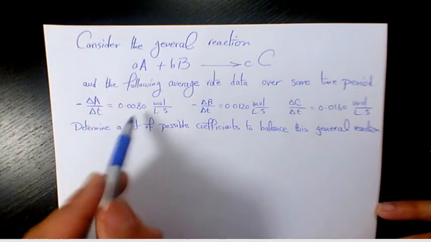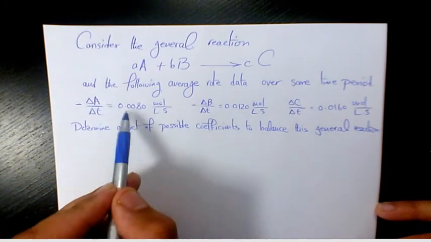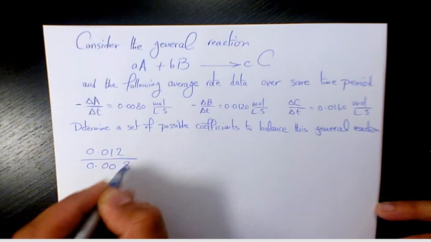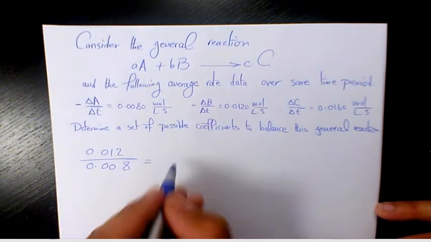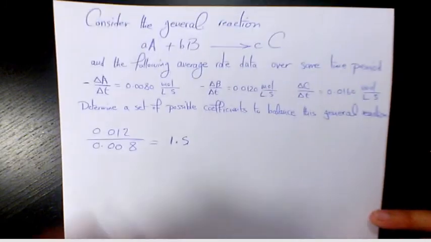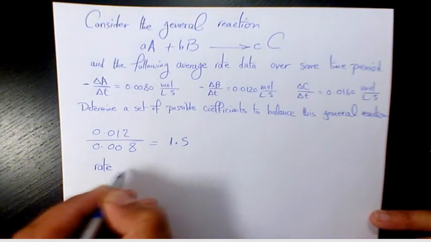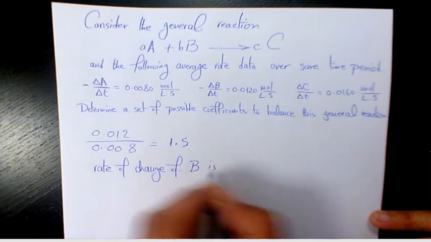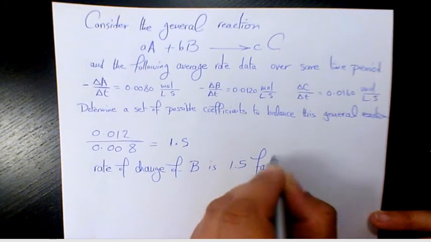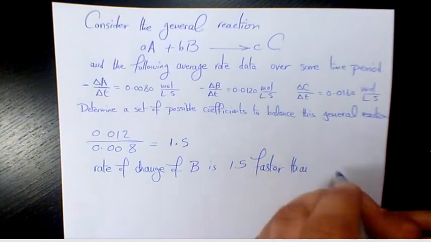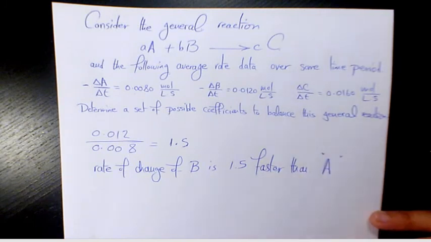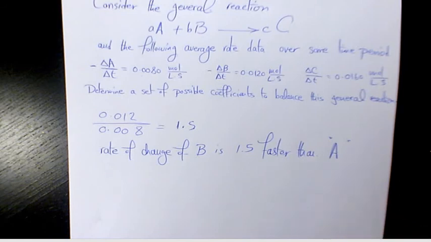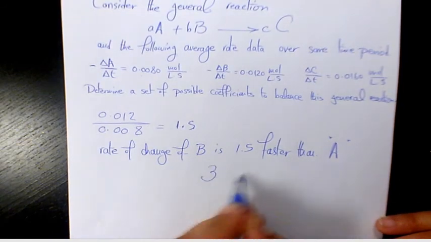So as you see here, if we divide this one by this, 0.012 divided by 0.008, when you divide it, it's going to be 1.5. It means that the rate of change of B is 1.5 times faster than A. So the relationship between coefficients is going to be 3 and 2.